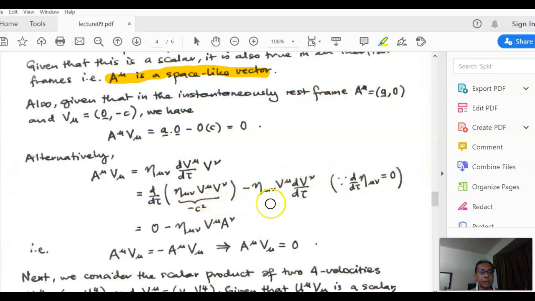And then this one is just the same version of this. You can use index manipulation, and because your metric is symmetric, one can show that A mu V mu is going to equal 0. I'm not doing the algebra here, but essentially A mu V mu equals minus A mu V mu, so you can bring this to the other side, and you get 2 A mu V mu equals 0.